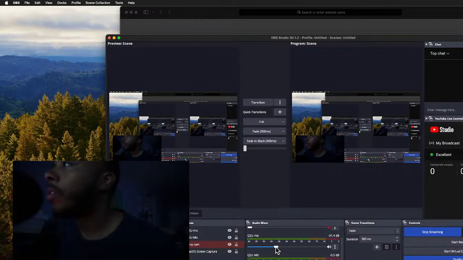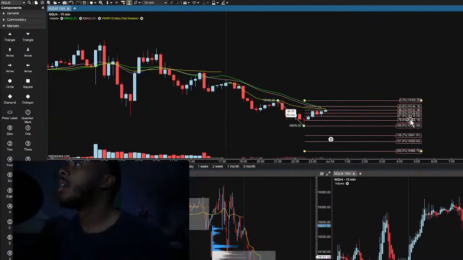Using OBS for the first time, I wonder if this works better. There's a little lag. Trying to see if that works. All right, that works better. All right, here we go.